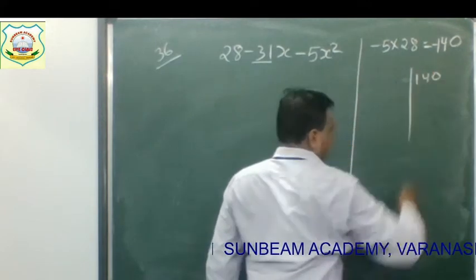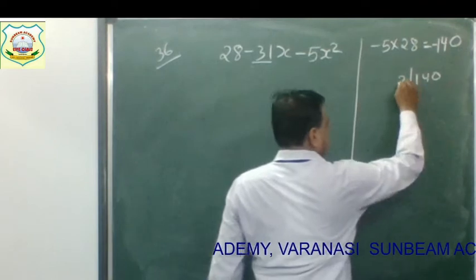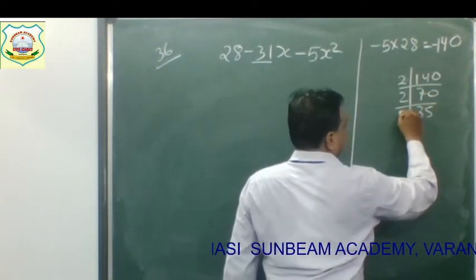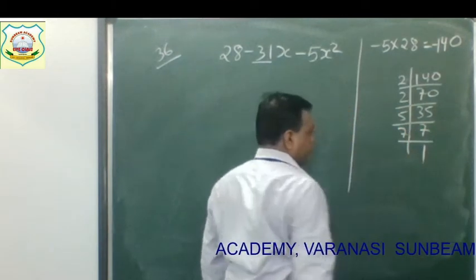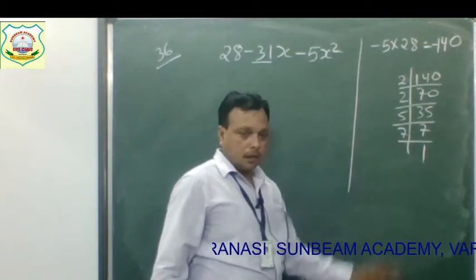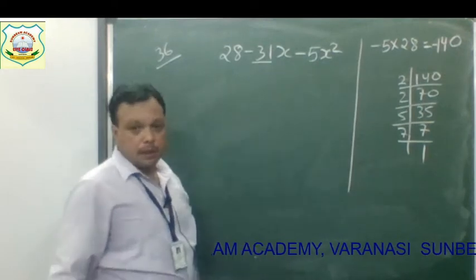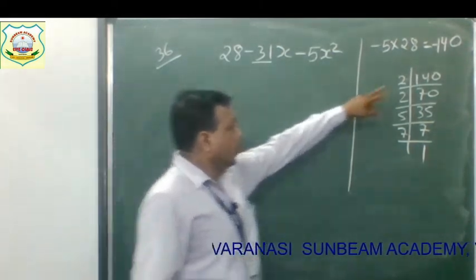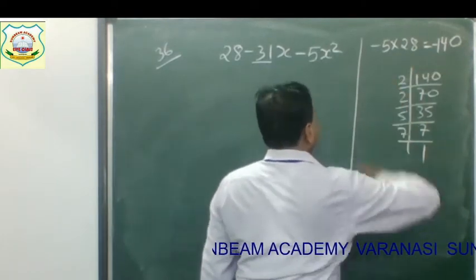When we find the LCM of this: 2 7 ja 14, and 5 7 ja 35, and 7 1 ja 7. 2 2 ja 4, 4 5 ja 20, 20 7 ja 140. Clear students? So based on this, we have to distribute these two values. Clear? 31 and 140 should come. 5 2 ja 10, 10 2 ja 20.